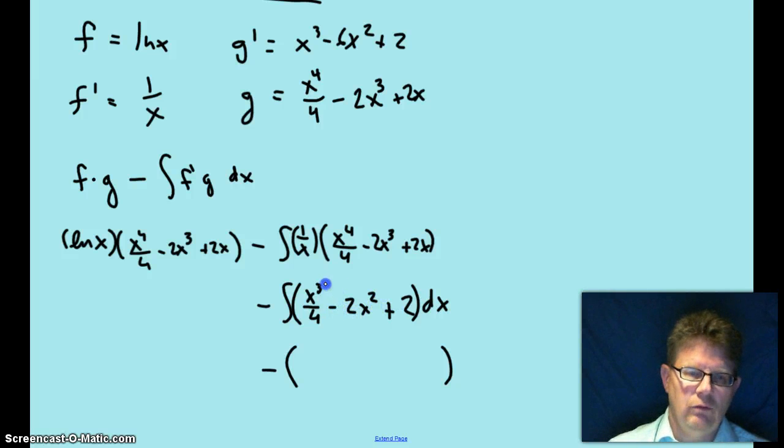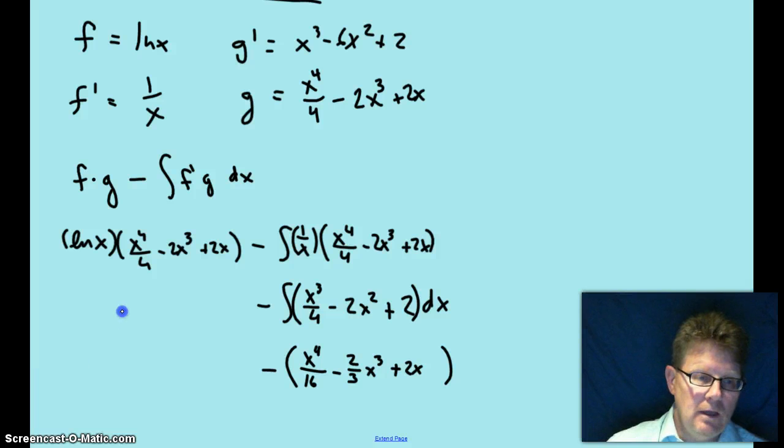You know how you guys always do that. So add 1 to the exponent, 4, multiply by the reciprocal 1/4, so x to the 4th over 16, minus, add 1 to the exponent, 3, multiply by the reciprocal, 2/3 x cubed, plus 2x. And this is just all that stuff right there.